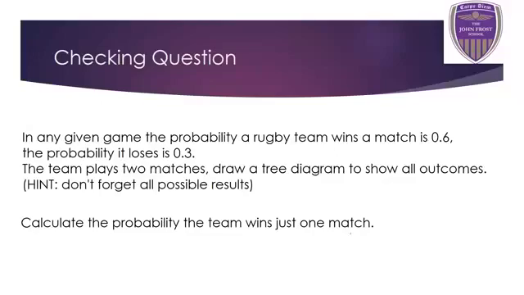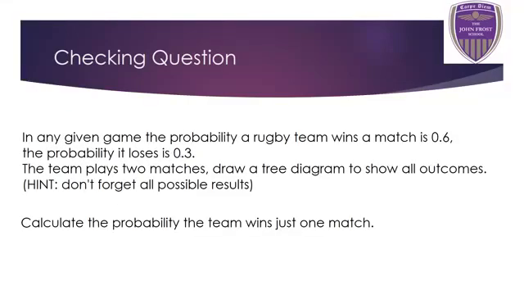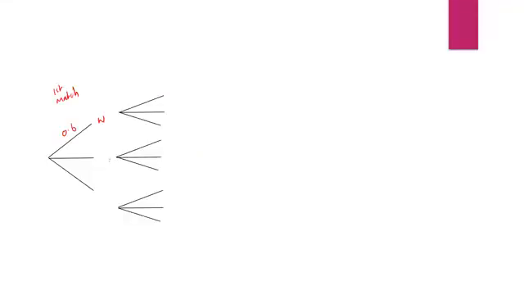Okay, welcome back then. So the probability that we win a match is 0.6. So we can win a match, it's 0.6. So this is your first match. Okay, so the probability we lose the match is 0.3. So if I say we lose the first match, 0.3. But that only adds up to 0.9, and it's because in a game of rugby, we could also draw the match.